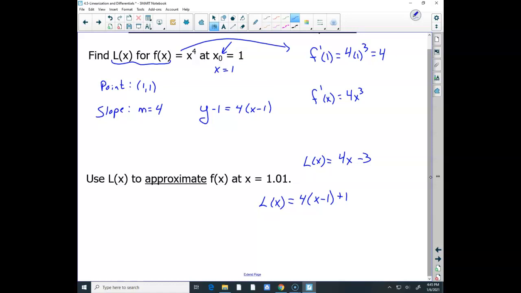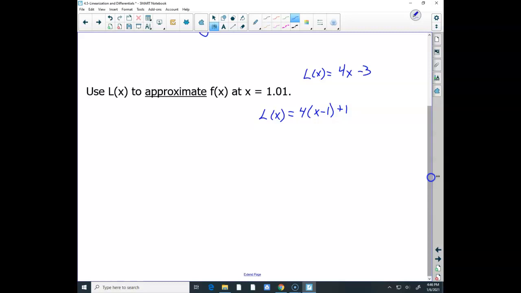So if I wanted to approximate that, would you rather take 1.01 to the fourth power, or would you rather approximate L of 1.01, which is 4 times (1.01 minus 1) plus 1? Well, that's 4 times 0.01 plus 1.